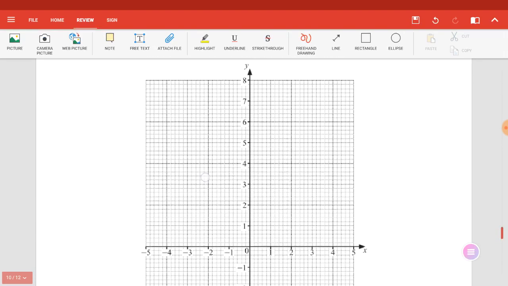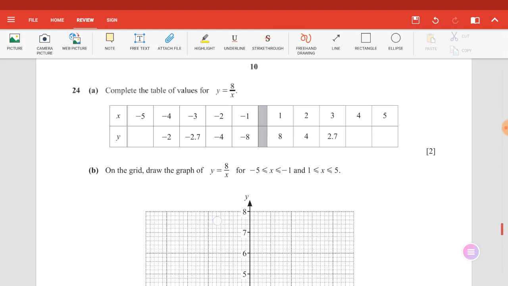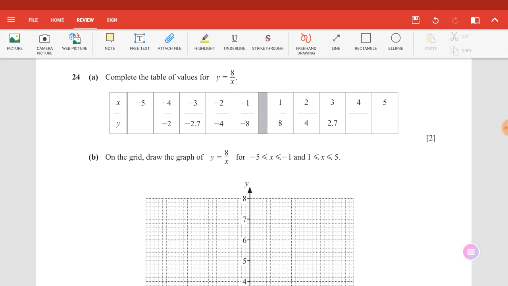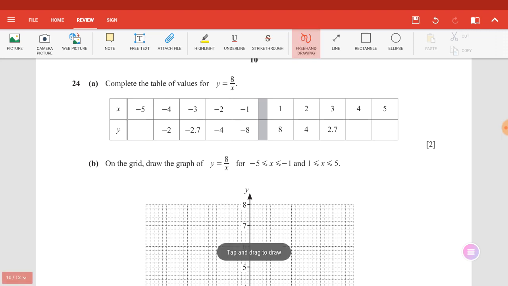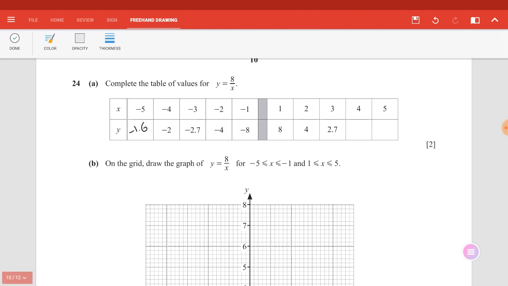This is the last question. You can use your calculator by using the table and write 8 over x, or you can substitute. 8 over negative 5 equals negative 1.6, and this will be 1.6, and 8 over 4 equals 2.